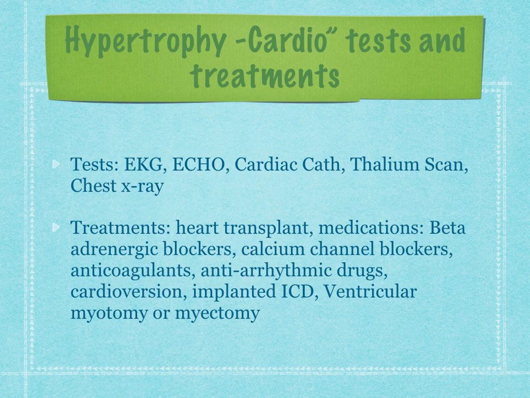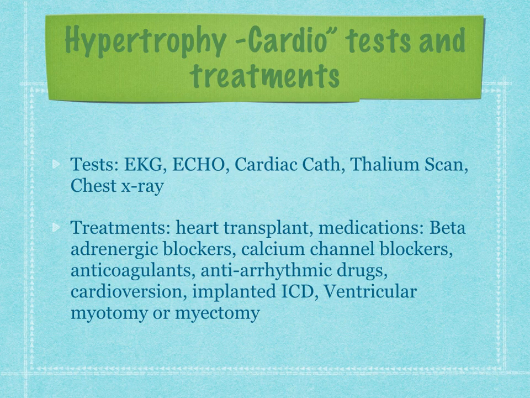Echo will show left ventricular hypertrophy and thick intraventricular septum. Cardiac cath will measure the pressure in the heart chambers, and then EKG will show left ventricular hypertrophy, and ventricular and atrial arrhythmias. So echo and EKG both will show left ventricular hypertrophy.